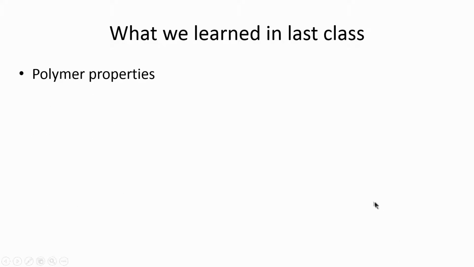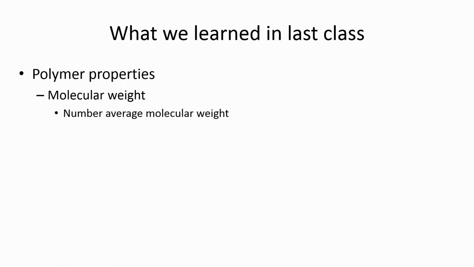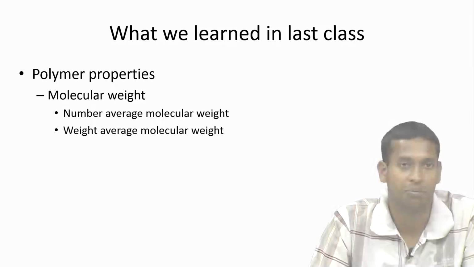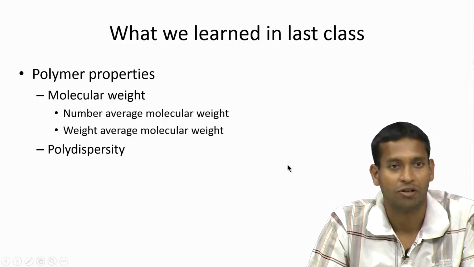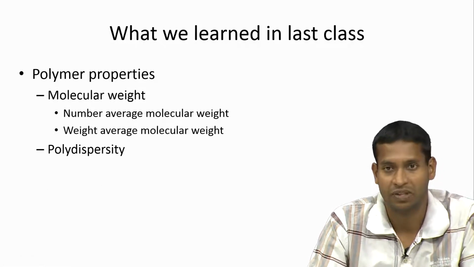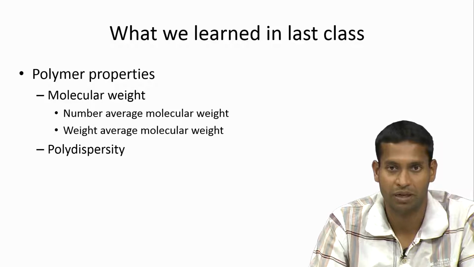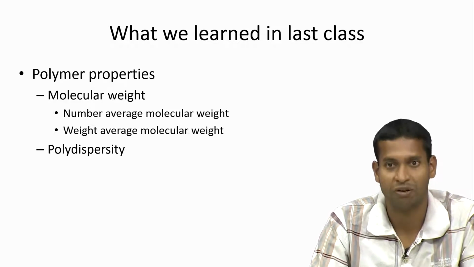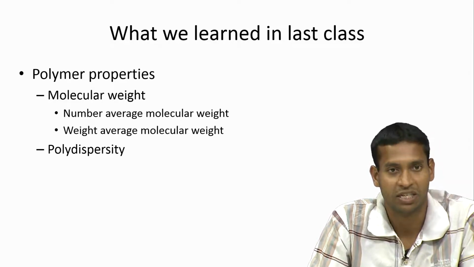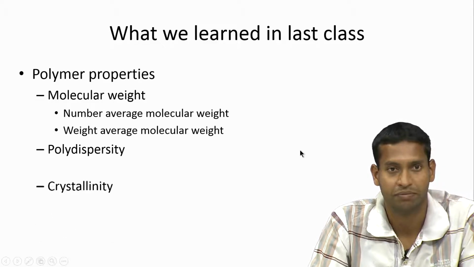We talked about polymer properties, essentially molecular weight, how do you calculate that, the number average molecular weight, or it could be the weight average molecular weight. We did a couple of exercises on how to calculate different things if you know individual components. We also talked about what is polydispersity. Essentially it is a measure of how much dispersion there is between the different molecular chains present in a system.